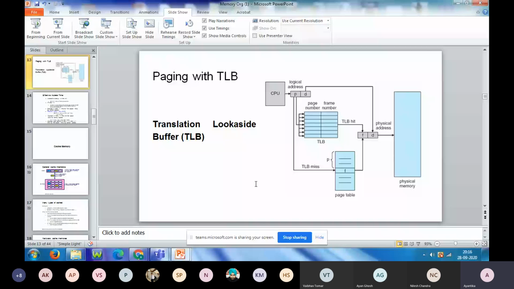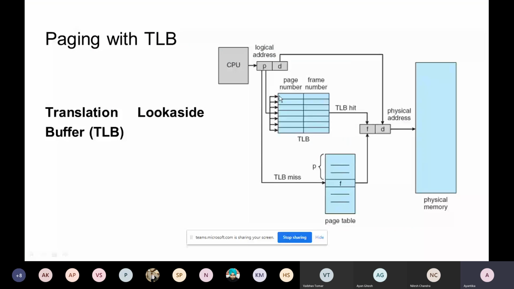So this is very straightforward paging to framing, logical address to physical address mapping. But if we directly and blindly implement this, of course there will be a huge number of pages, and you have to maintain a table for each page.